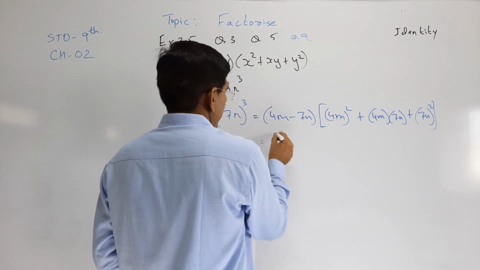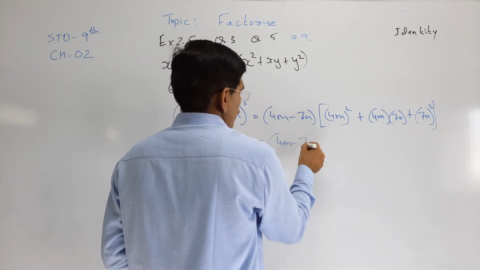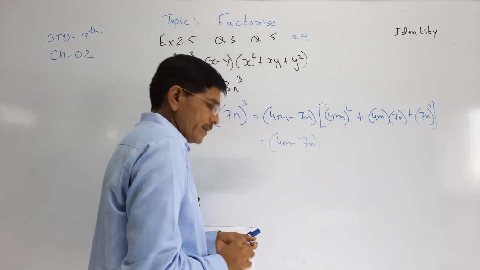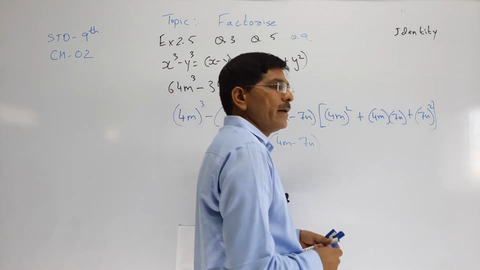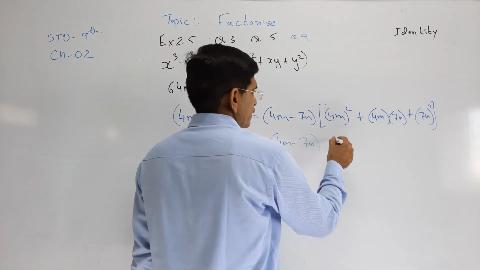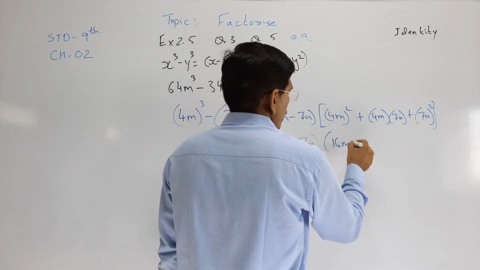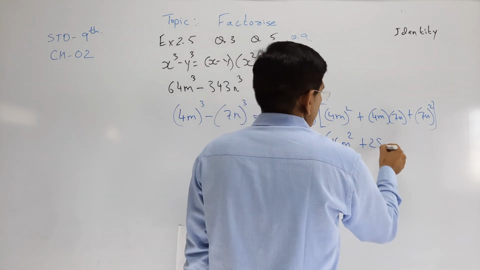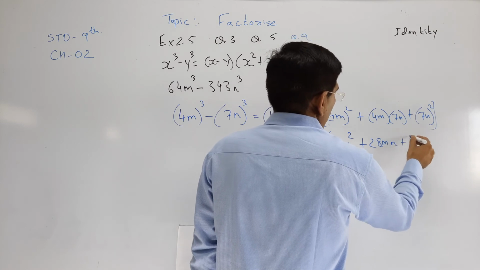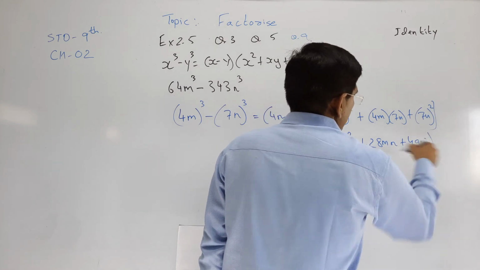So first bracket as it is, then 4 square is 16m square, 7 fours are 28mn, plus 49n square.